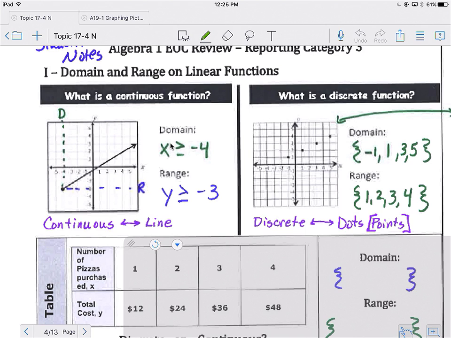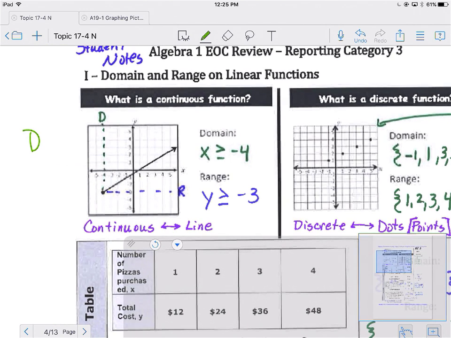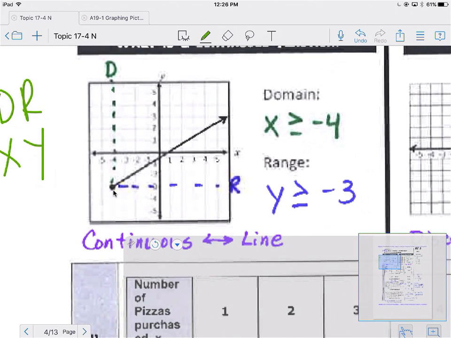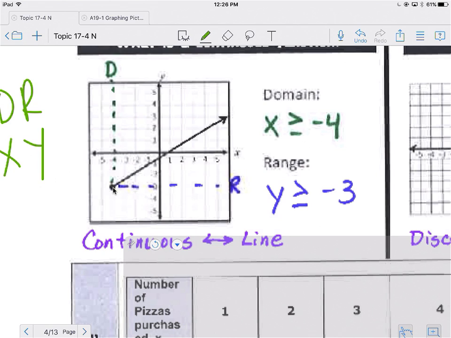Domain, if you remember Dr. XY, domain goes with x and range goes with y's. So we started our dot. Our domain is shown through the x-axis at -4, and we continue to follow this line all the way through for domain. It's kind of hard to see because my graph is pixely, but my x's here are at -4, and as I follow the line, I'm using the x-axis, so I'm looking at the horizontal numbers.